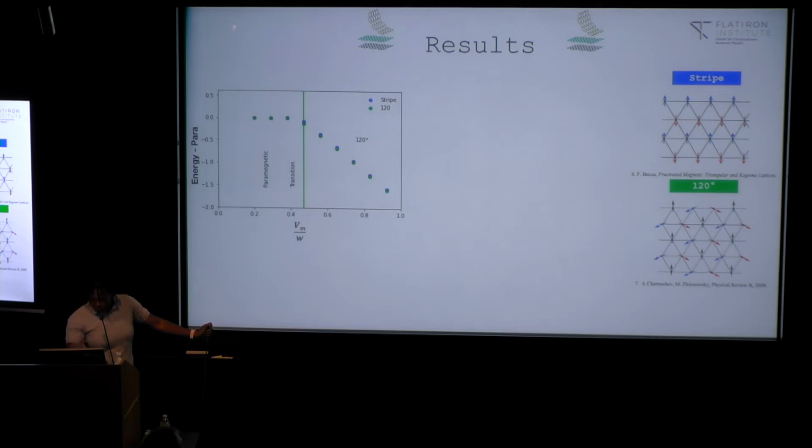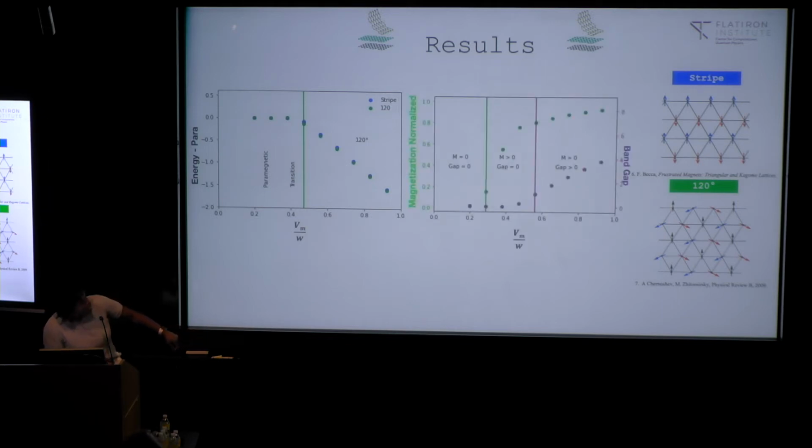The green vertical line shows the point where the 120-degree phase slips below the paramagnetic and the stripe phase, and it becomes the least energy state. Now, although we know which state is stable here, we want to be able to further characterize what type of state it is. So this is why we plot the band gap.